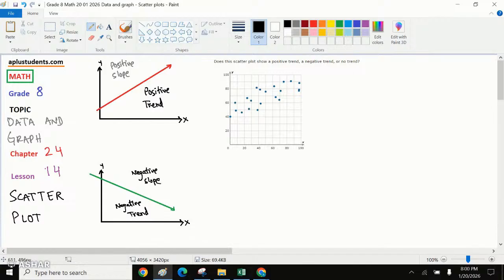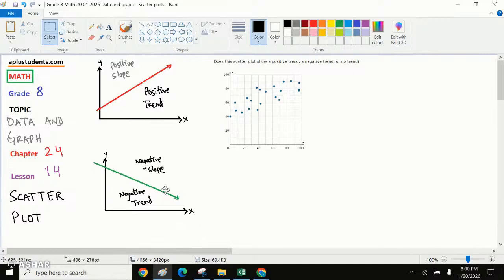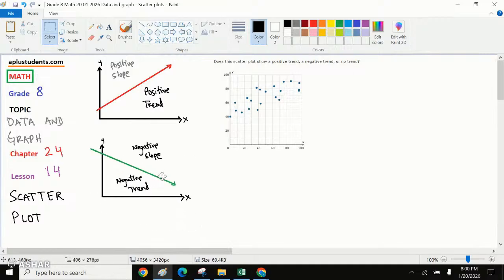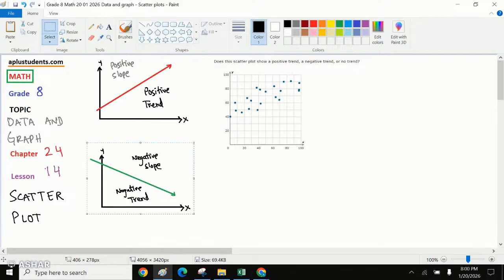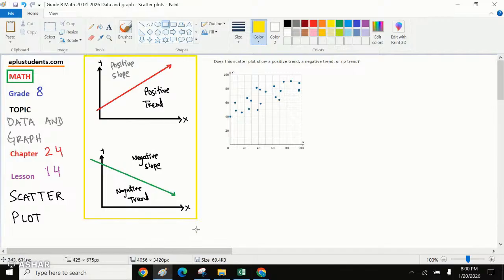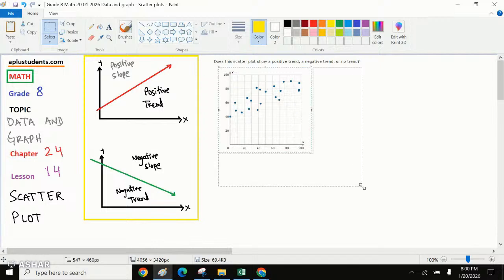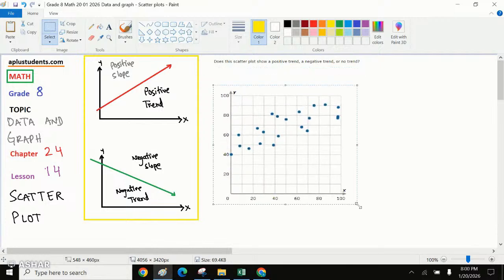So these are the two things we need to remember while we study scatter plots. I'll just highlight them so that we have this information and we would be using this direction to find our answers. So the question number 1 says, I'll just change the size.